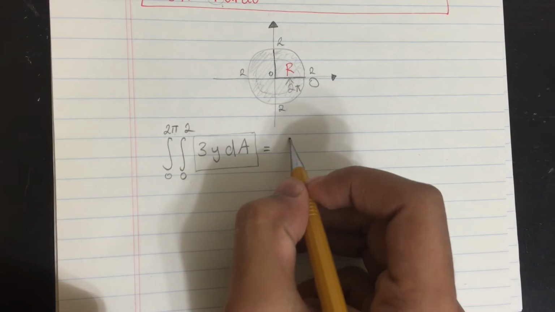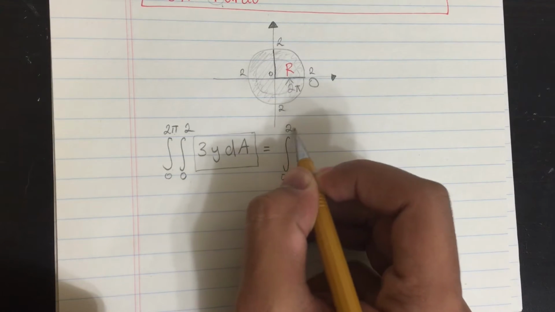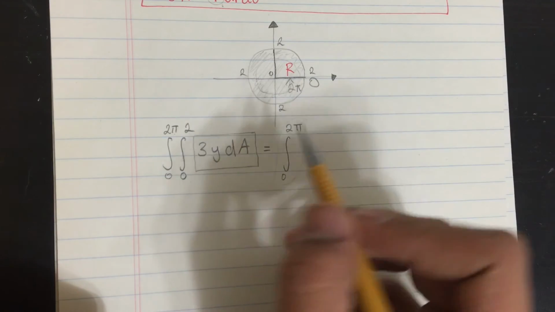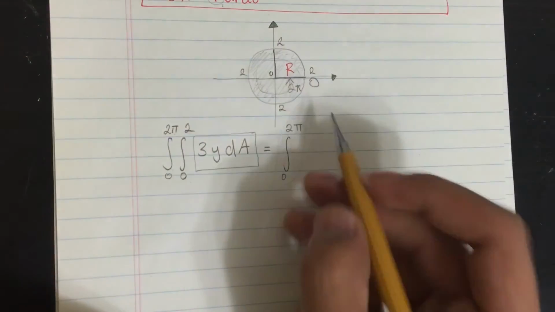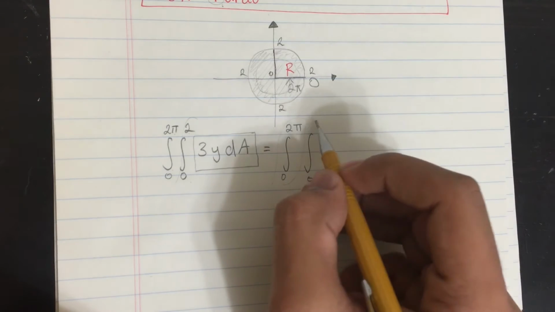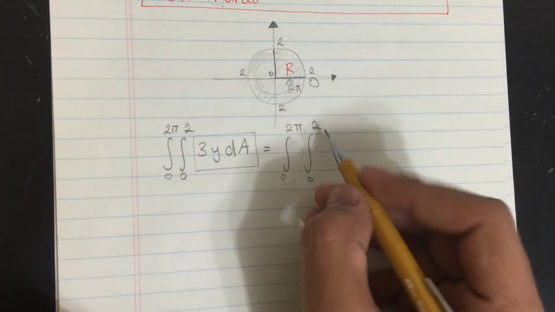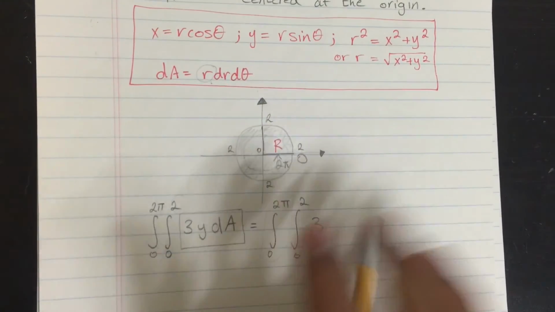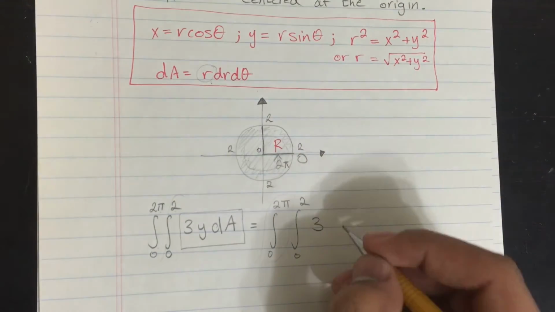So we still have the same limits of integration. Make sure you have theta, or rather 2 pi, on the outside, and then r on the inside. So 0 to 2, 3, and then we can use the formula here to substitute for y.